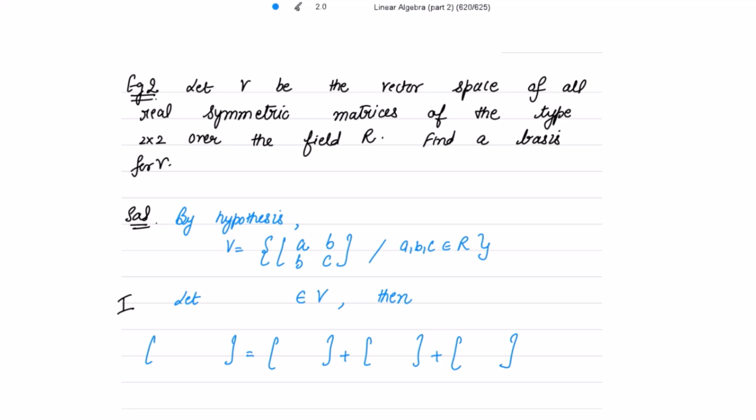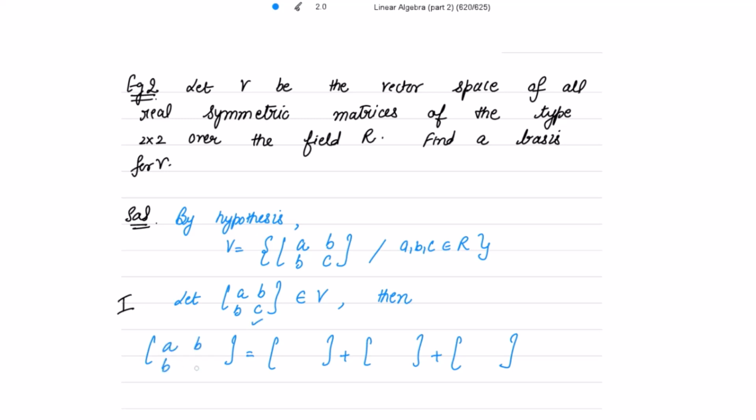Let me take one element from V, [A, B; B, C]. So I have to take the linear combinations. How can I make the linear combination for this matrix?